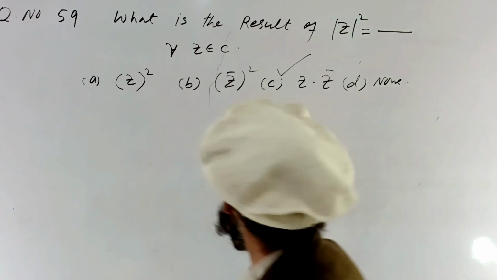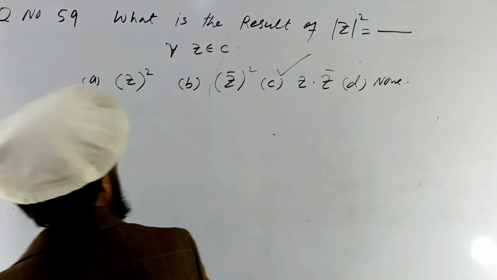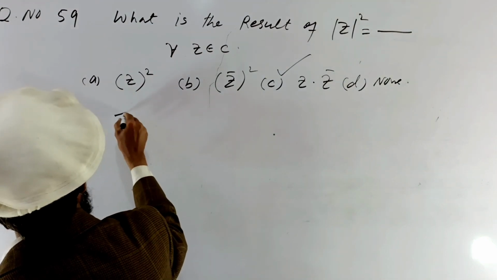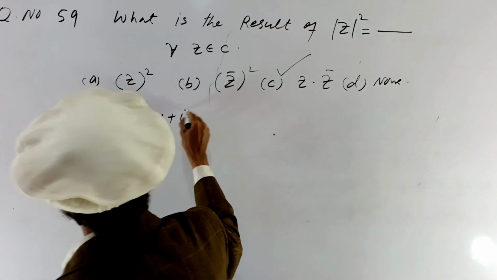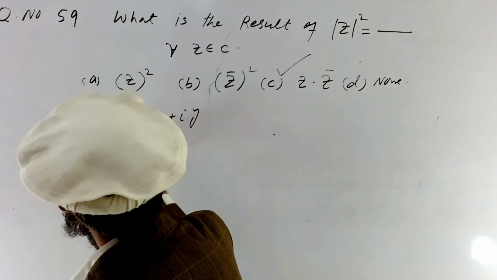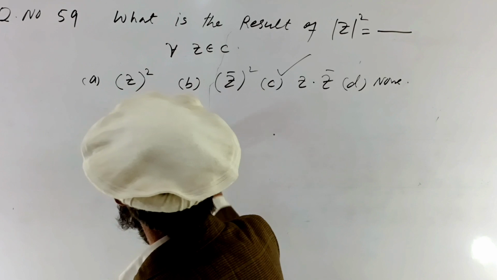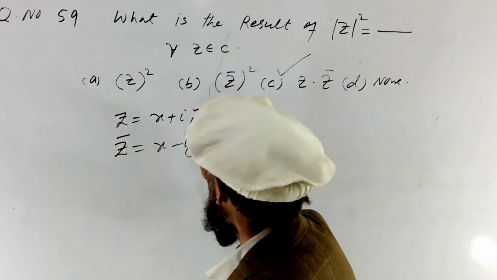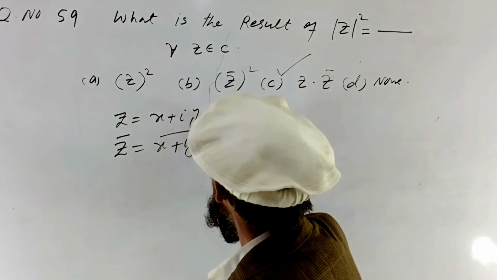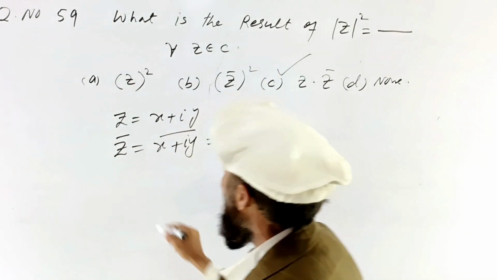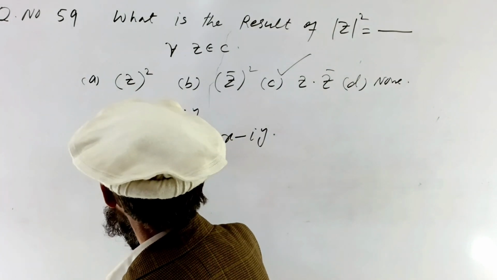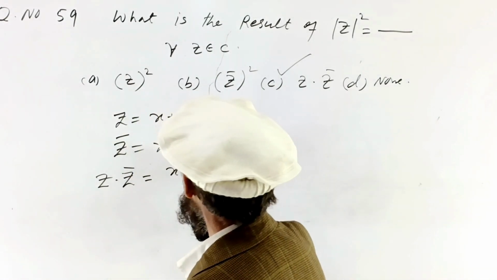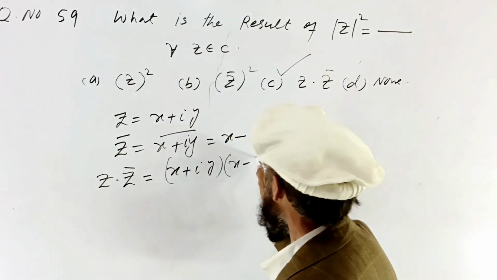Because we can write according to the property. If we find z is equal to x plus iota y, we can write z bar is equal to x minus iota y. If we take z and z bar, the result will be x plus iota y into x minus iota y.